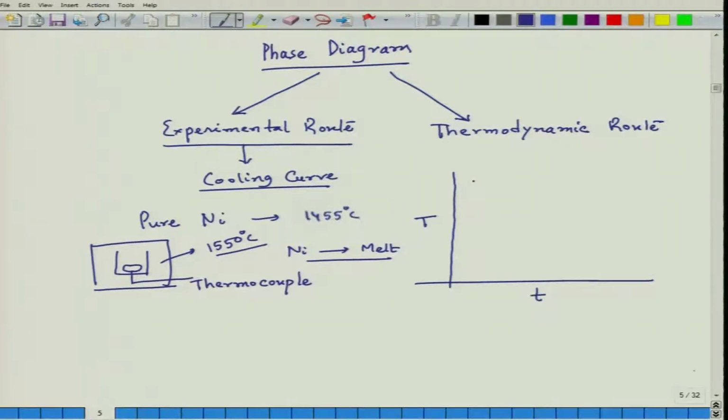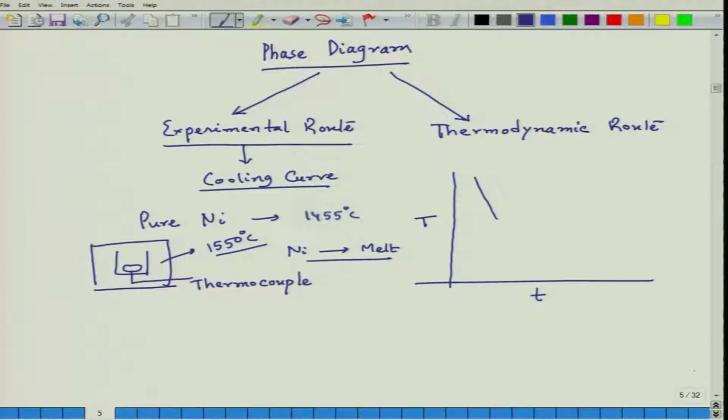The temperature of this nickel melt will gradually go down as the furnace is cooled down.